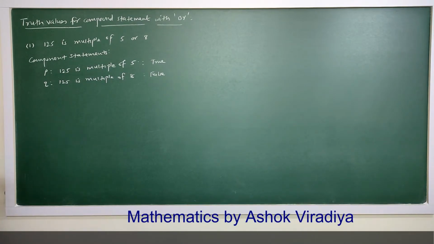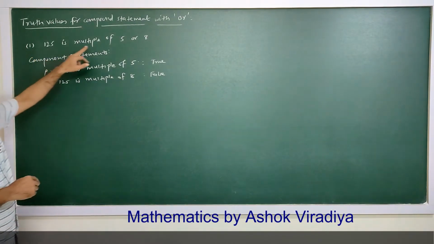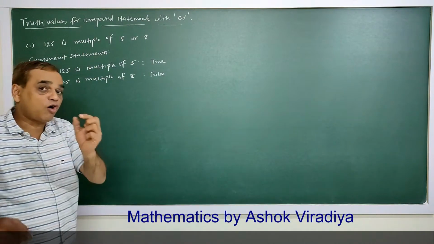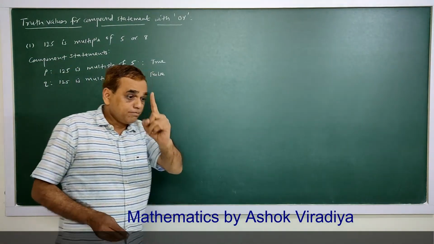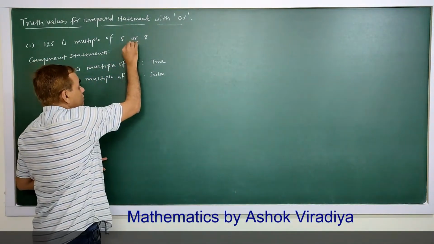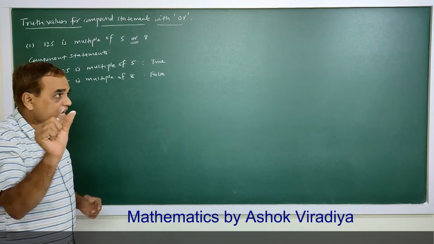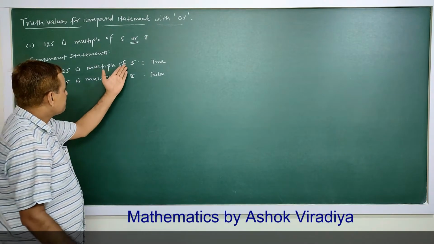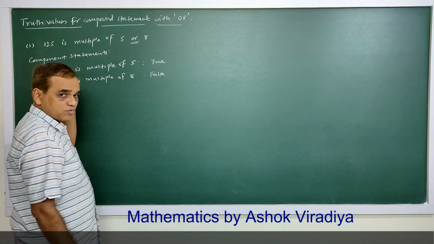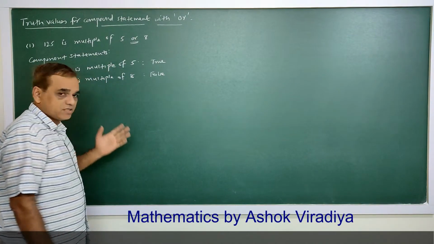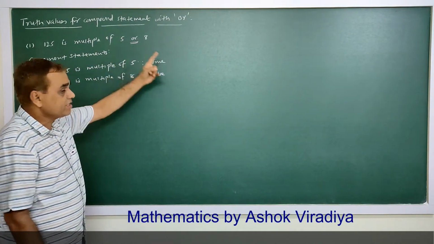But if we read this compound statement that 125 is multiple of 5 or 8, because or word is used and this first part is true, even though second part is false, this statement is true.